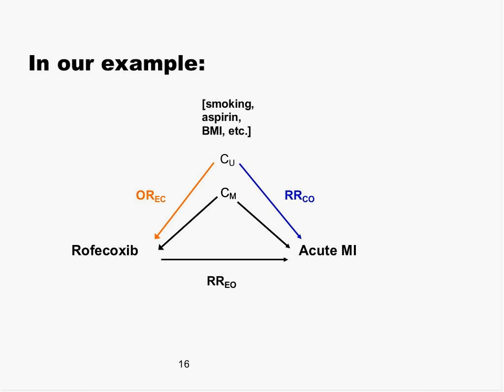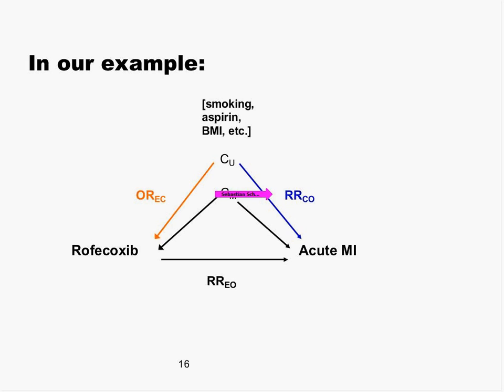So the constellation that we have here is rofecoxib use, with acute MI as the outcome of interest. We want to estimate the causal effect or relative risk of exposure on outcome. We have some unobserved confounders like smoking, aspirin, BMI. We have a bunch of measured confounders that are already adjusted in our main study. And we have those two parameters: the association between the exposure and the confounder, and the association between the confounder and the outcome.